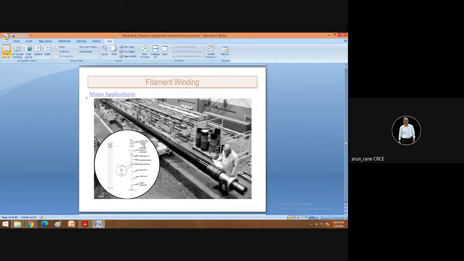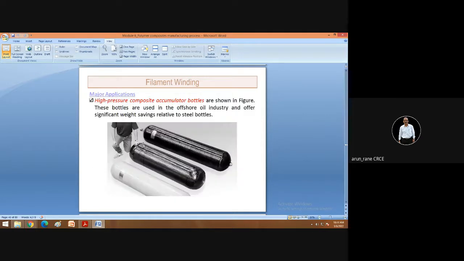See now, this is again a huge roll produced by filament winding. This roll or tank, whatever you call it.